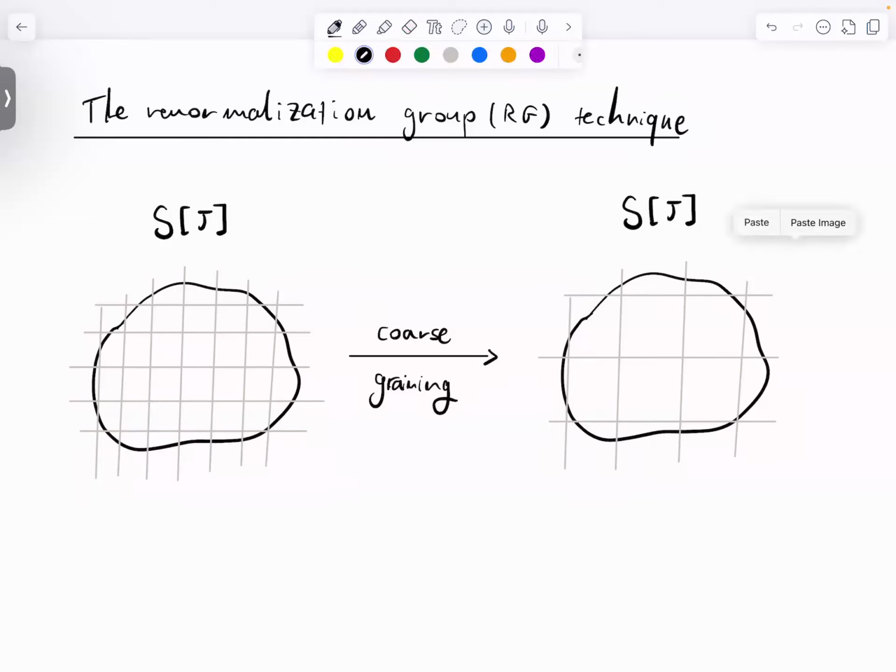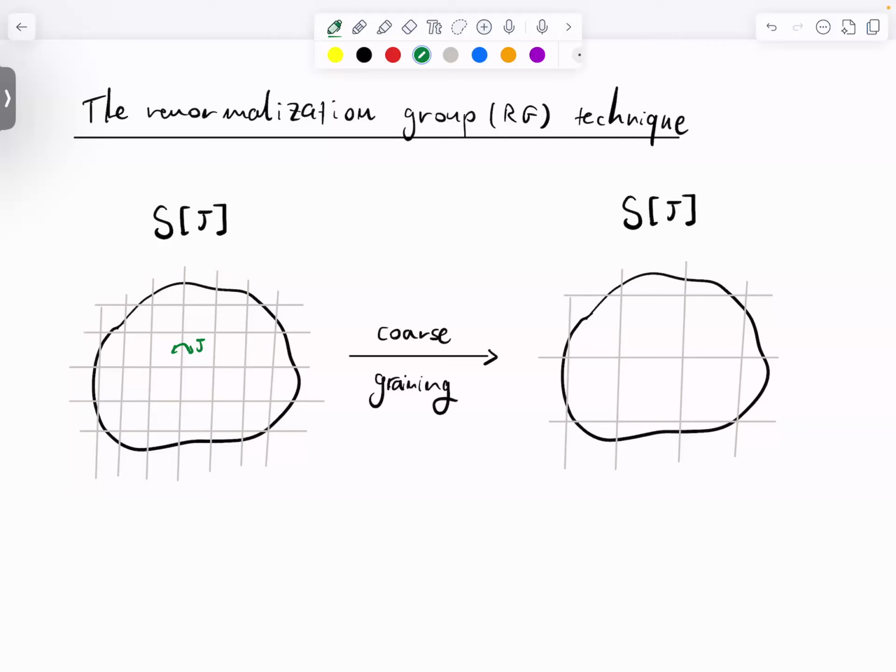For example, you could imagine that we take four chunks of the system and somehow find a way to cluster them together. Maybe I should mention before that these couplings J tell us how neighboring grains interact. It can be a local coupling inside each one of these grains, but it can also tell us something about how different grains interact with each other.